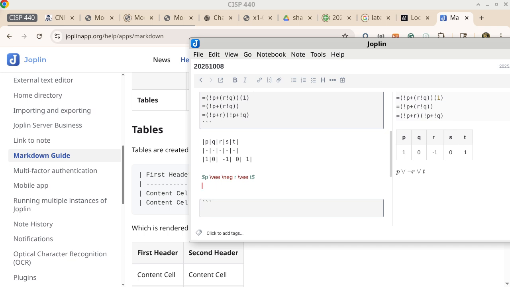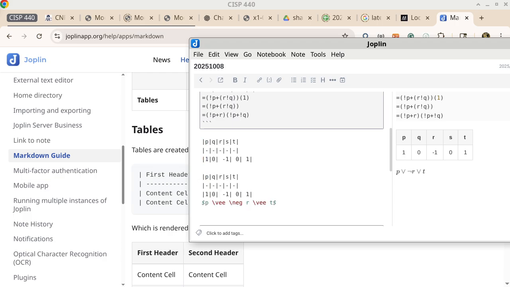I can only show you a few of the entries because this is going to be large, or we can simplify the table. Let's only think about 2 variables, just to illustrate how we do the counting. Is that okay? So we'll simplify this whole thing to only have 2 variables, just P and Q, without the other 3.